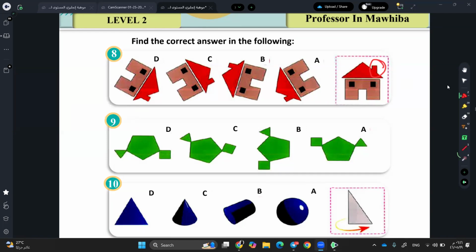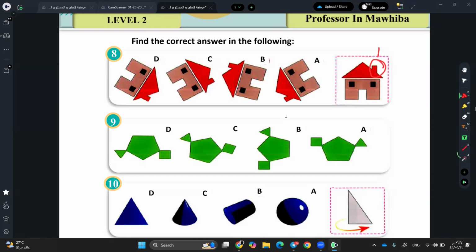So on this house, it's going to be in the right place, right?